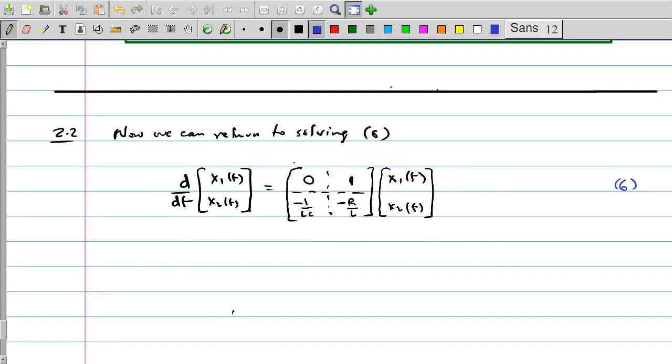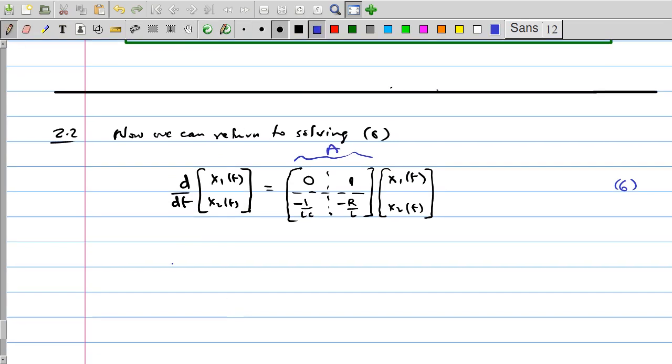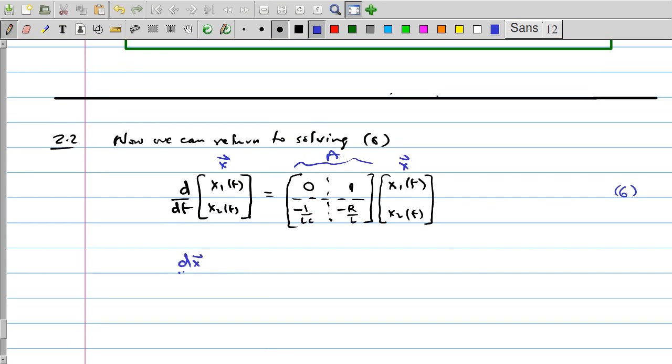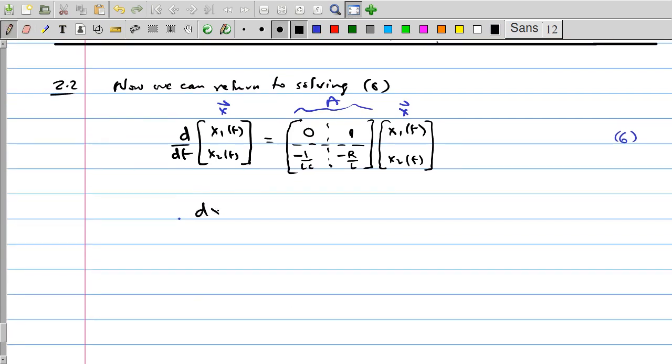This was A, right? This is x, and this is x again. So we have dx by dt equals Ax, which is equal to P lambda P inverse x.